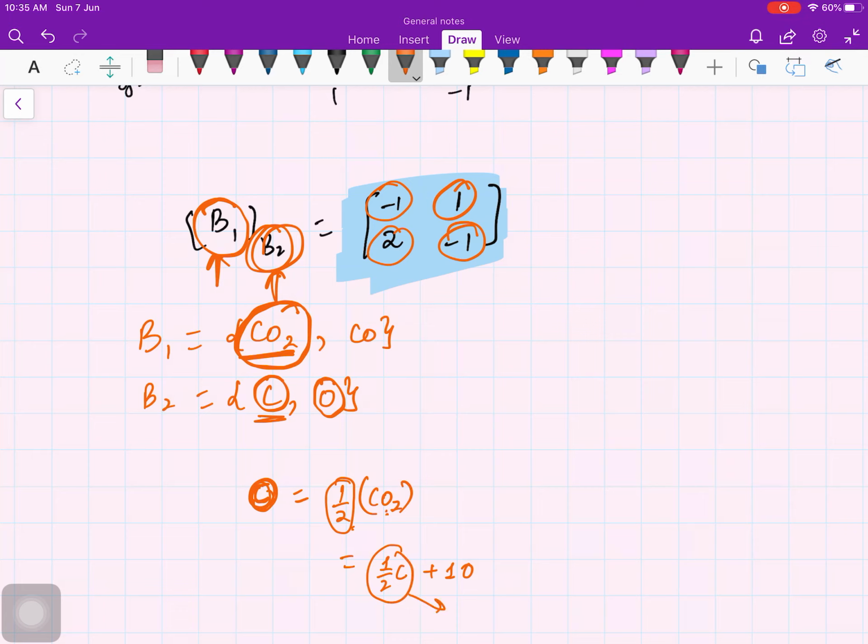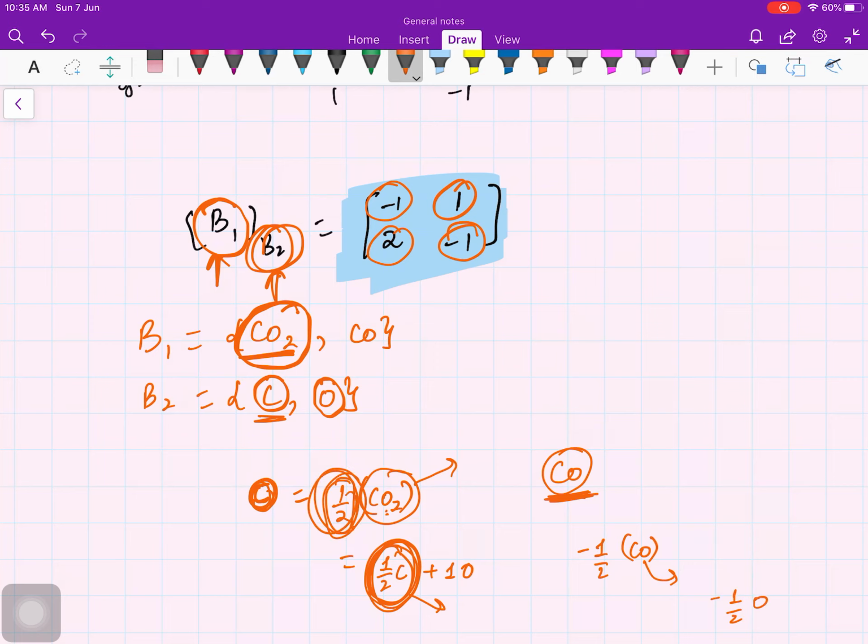So you have to remove this half carbon atom, but the other element in this basis is only carbon monoxide. So you have to remove this half carbon atom with the help of carbon monoxide, and so you will put minus half into carbon monoxide, right? But then there comes a factor of minus half oxygen again. So you can't have simple factors. That is why these negative numbers are there. These negative numbers are to balance, because you have to write carbon in terms of carbon dioxide and carbon monoxide.